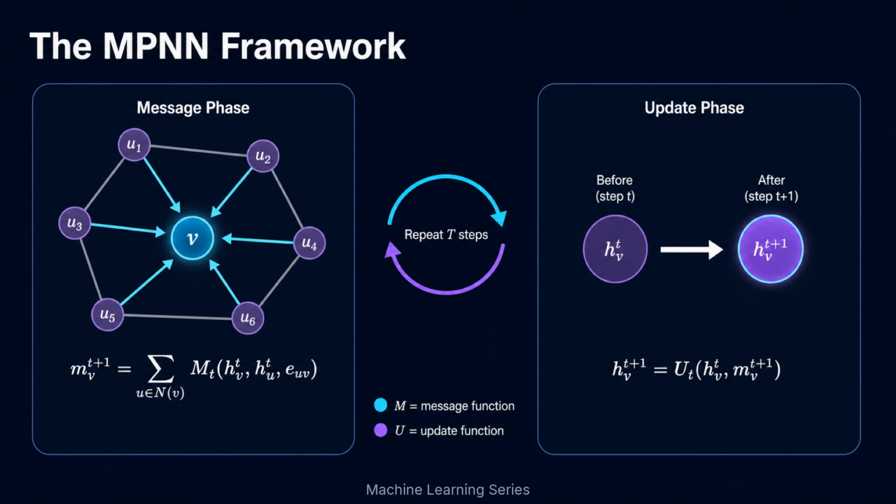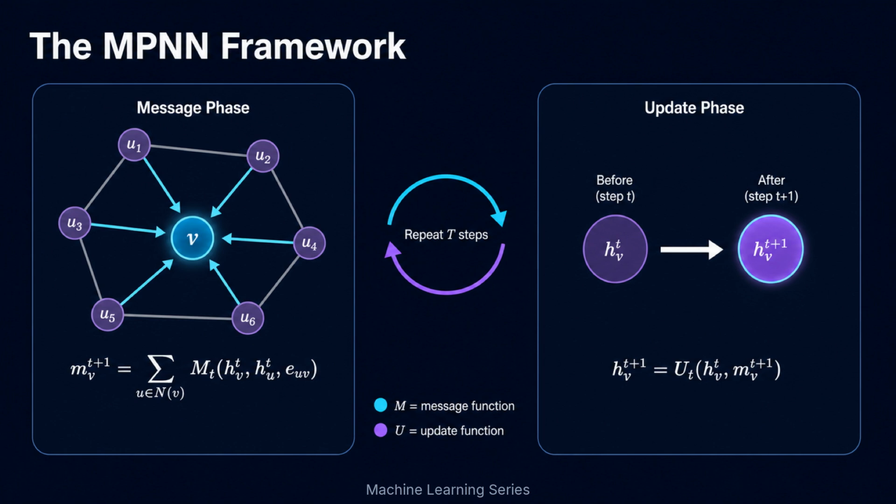The MPNN framework decomposes graph learning into two phases repeated over T iterations. In the message phase, each node computes messages to send to its neighbors using a message function, M, that depends on both nodes' features and optionally edge features. All incoming messages are then aggregated, typically through summation.